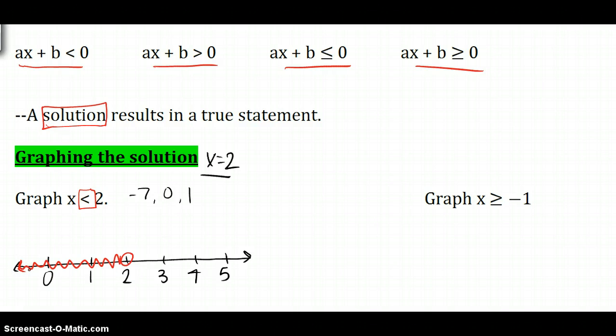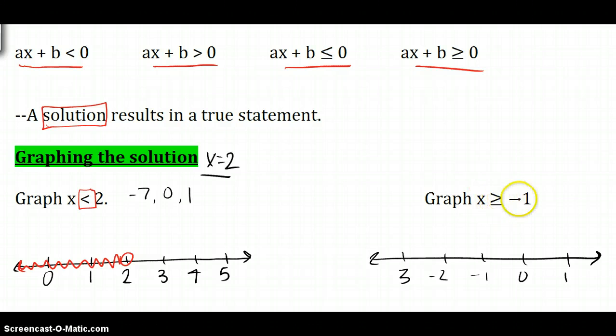Over here on the other side we have x is greater than -1. So we make our little number line. And this time we have a closed dot at -1 because it's greater than or equal to. One of our solutions can be -1, so we can put a dot there. And then anything greater than that.